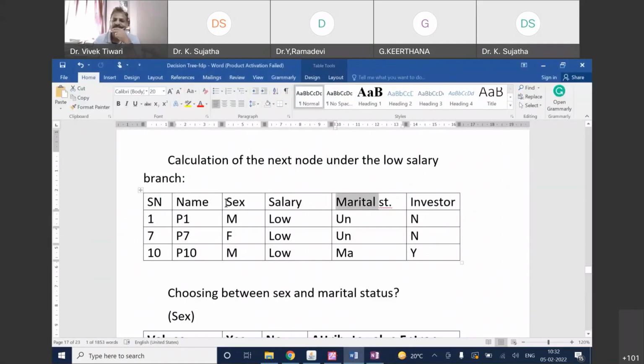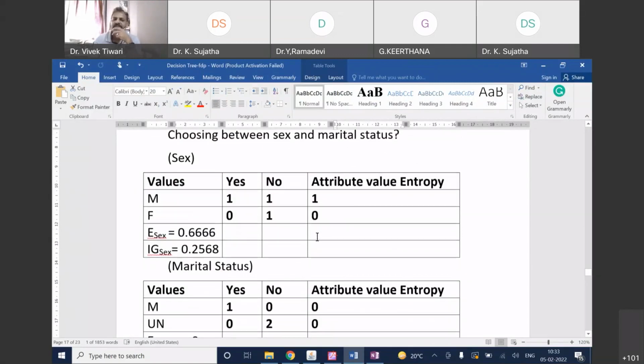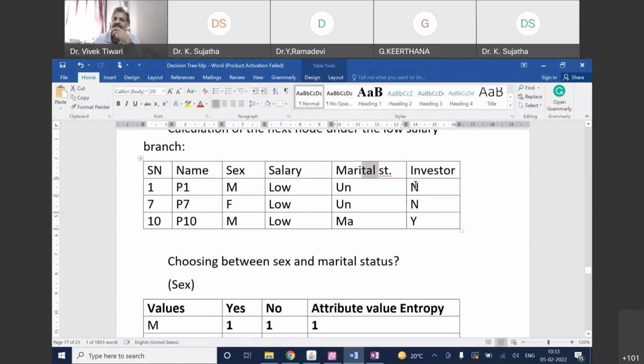So we have to calculate the information gain of the gender and the information gain of the marital status, and select which attribute gives more information gain. First, we have to calculate the class entropy. Forget the earlier class entropy. One process is over, and you have to reinitiate the whole process.